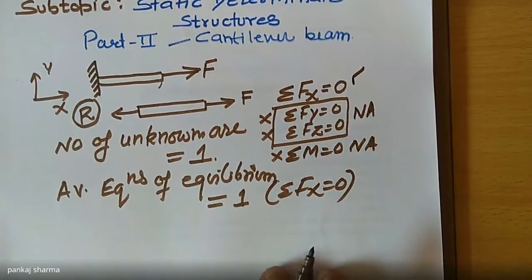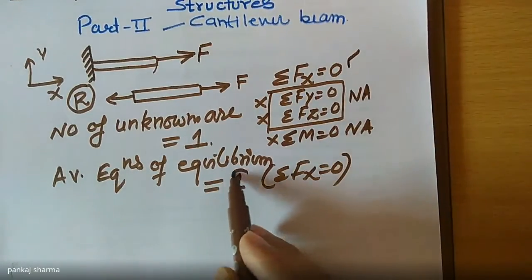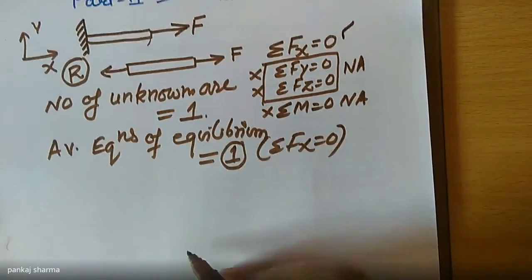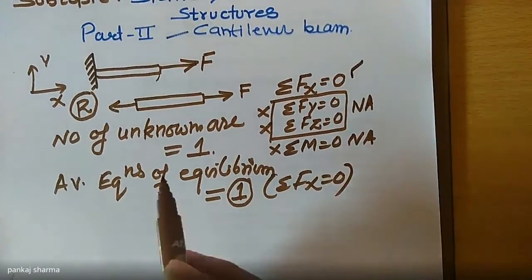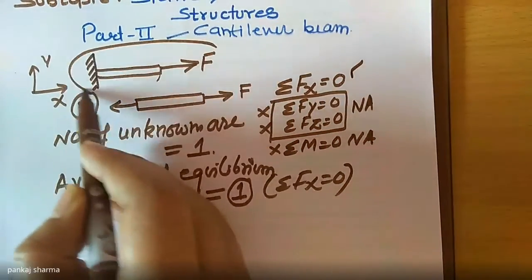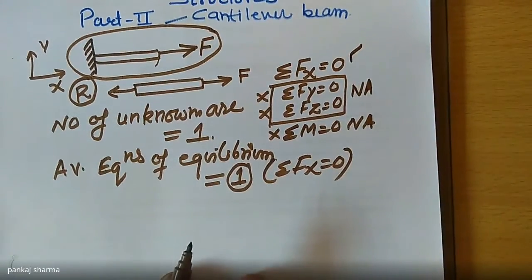So only a single force is there, and only one available equation of equilibrium. So one unknown and one available equation, we can easily calculate. So this beam, this configuration, is called a statically determinate structure.